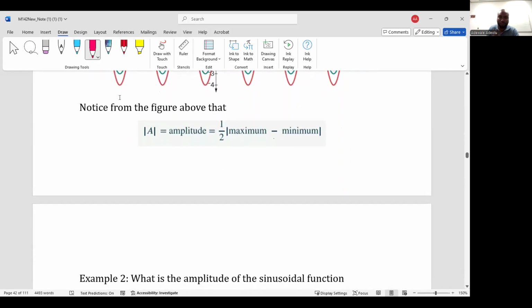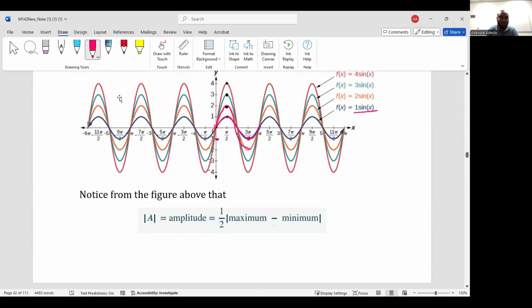Now, we notice from even this, if you look here, in this case the highest point is 1, and the least point, the local minimum, is -1. So we can see that the amplitude itself is half of the maximum minus the minimum.